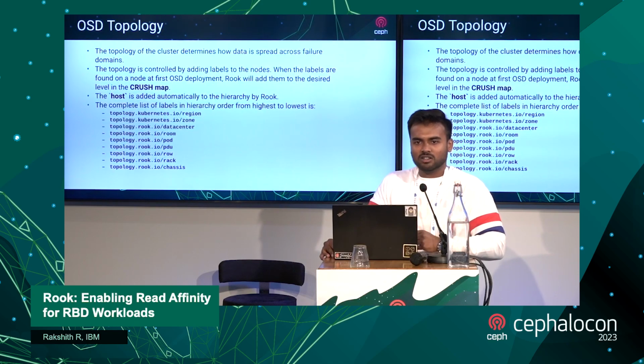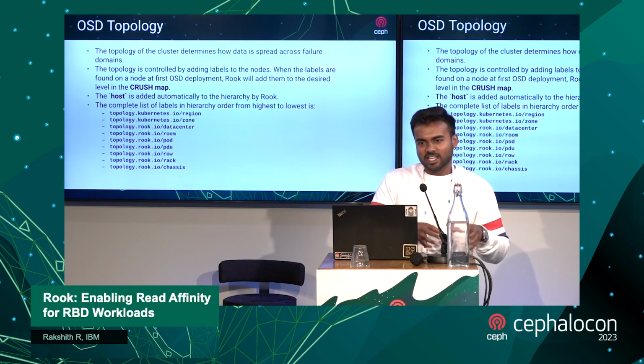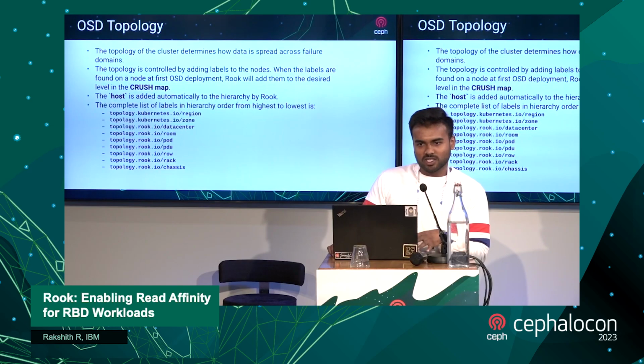Here Rook takes a few of these already existing topology labels, and a few more, and converts them. In the first part you have the label name, then a slash, then the key, and the key is mapped to a value, which is basically like region east or west. These are labels on the node. Rook extracts this and considers it as the CRUSH location of each OSD.